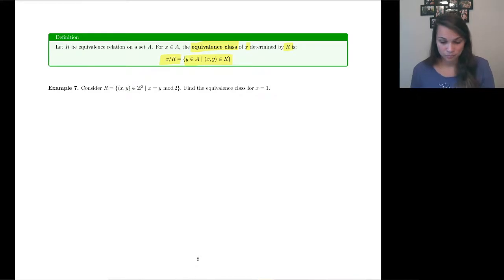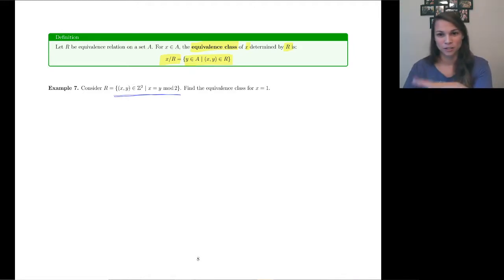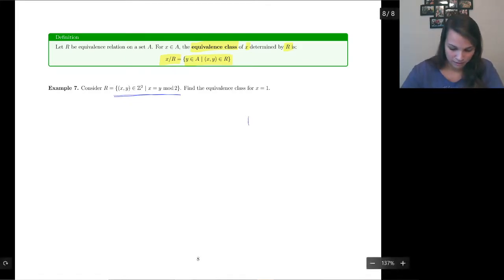For example, going off of what we just had, let's say I wanted to know x is congruent to y mod 2, and I want to know the equivalence class for 1. So that's the same thing as saying if x is 1, we've got y mod 2.